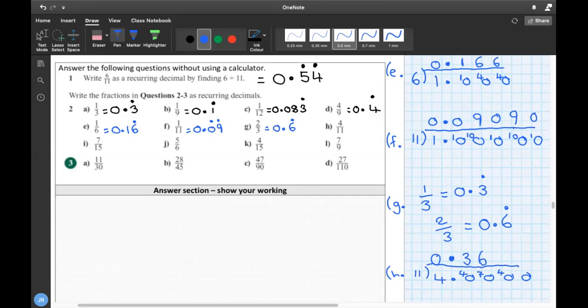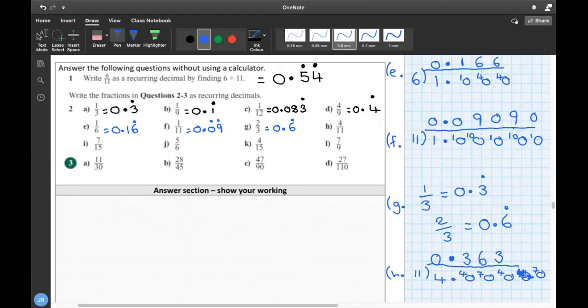Some of you might have spotted it already, but how many 11s go into 40? Got 3, 33 with a remainder of 4. Apologies, let's go back to that. How many 11s fit into 40? 3 gets us to 33. We have a remainder here of 7.